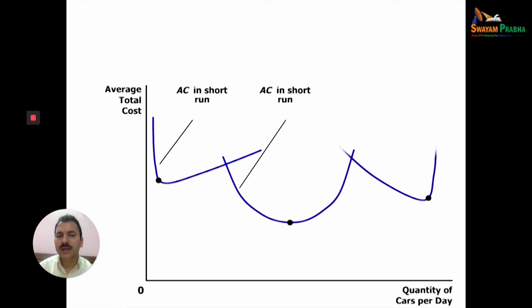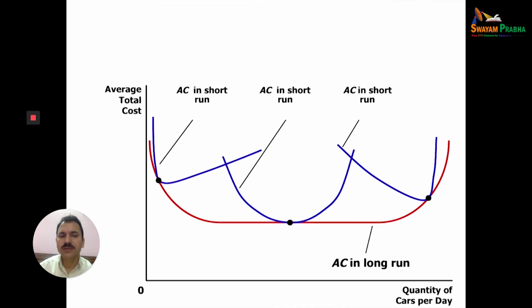But as I've told you, the long run cost curve, for example, this is the long run average cost curve. See this diagram. We have quantity on the x-axis and average cost on the y-axis, with the long run average cost curve. Basically, this long run average cost curve is more flat as compared to the short run. The short run cost curve, as we have seen, is U shape, but in the long run we have a flatter curve that can be L shape.